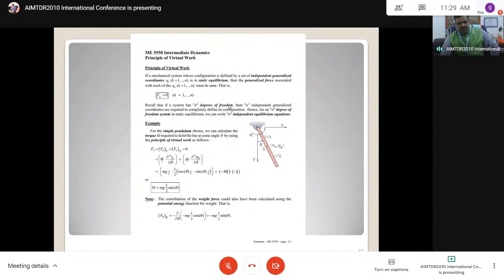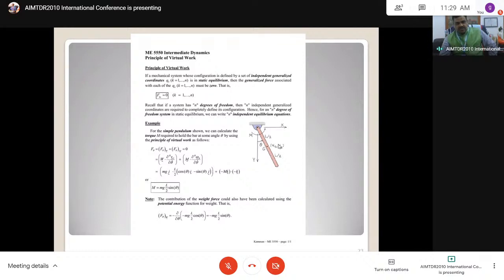If a system is having n degrees of freedom, then n independent generalized coordinates are required to specify the system, because the number of independent coordinates required to completely define the configuration is the degrees of freedom. Hence, for an n degree of freedom system in equilibrium, we can write n independent equations.